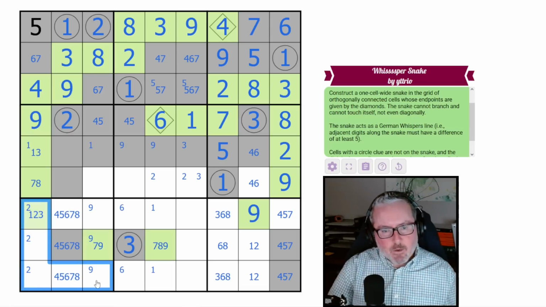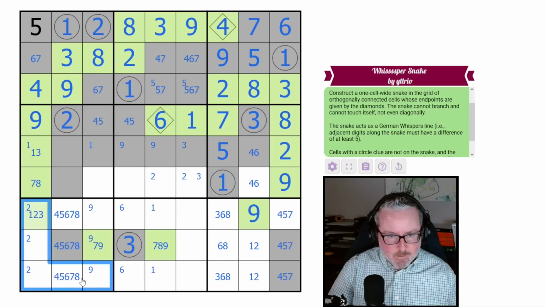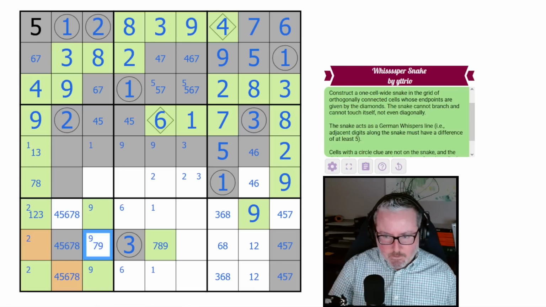Oh wait, can we go around this way? Let's think about it that way. This would be high, low, high, low. It would go back into high and low. I'm just going to do a coloring exercise here for a second.